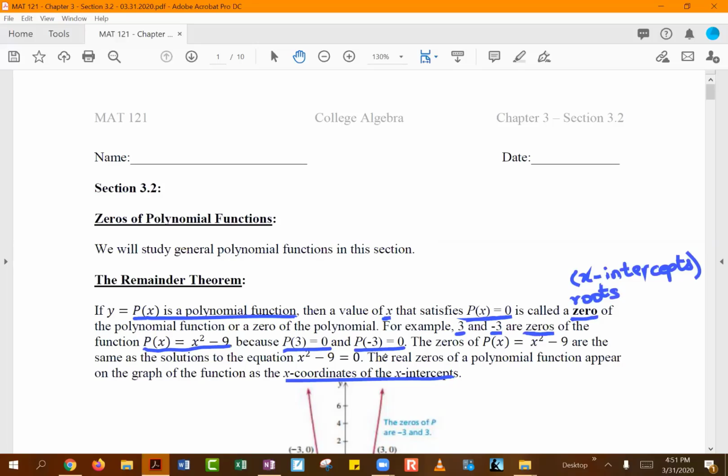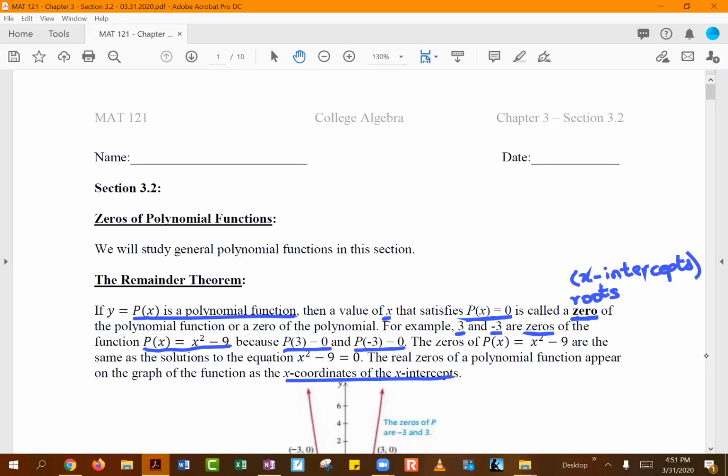So if you have p of x, which is a polynomial function, then any value of x that gives you 0 as your answer when you put it in your polynomial function, those values of x are what we call the zeros or the roots, which, like I said, you can also think of as the x-intercepts of your polynomial functions.